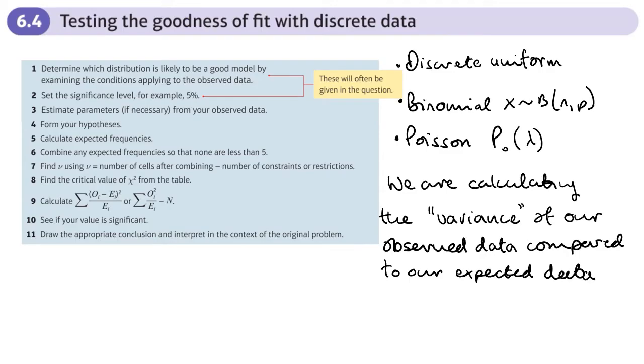And you'll remember that we can use this simplified formula of the sum of the observed squared over the expected, minus the number of observations. Now we're going to be doing some examples of all the different types of distributions, and you'll see that there are some slight differences depending on the distribution.